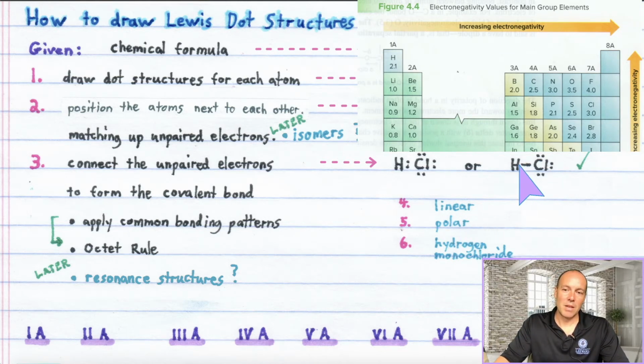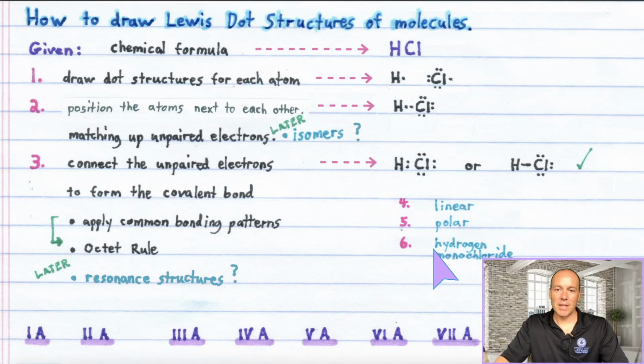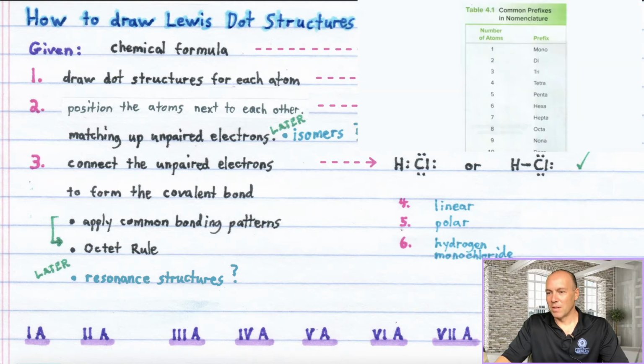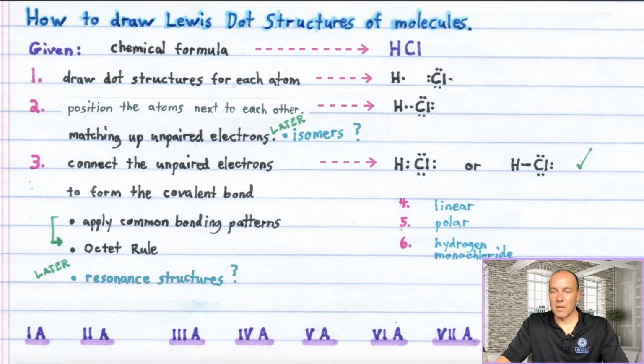Anyway, so yeah, this molecule is polar because of the electronegative chlorine atom. And then finally, let's name the molecule. How do you name it? Well, to name the molecule, you're going to use table 4.1, which lists the common prefixes. So here it is. And the way you do this is you look at the formula.